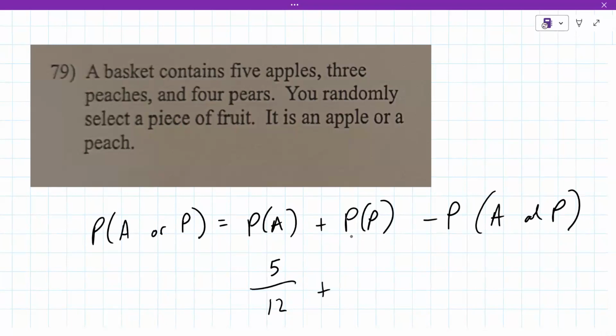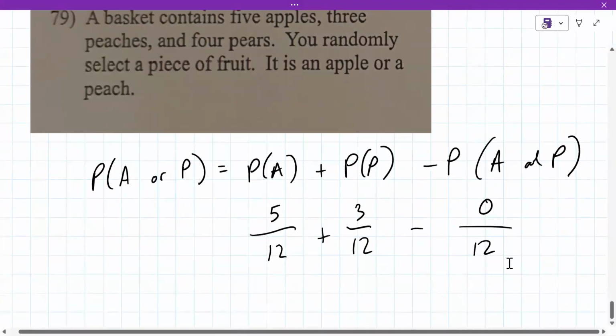And then peach would be 3 out of 12, or 1/4, but it's good to keep it like that for now. And then there's 0 that are both. So then it's just going to be 8 out of 12, which is 2/3.